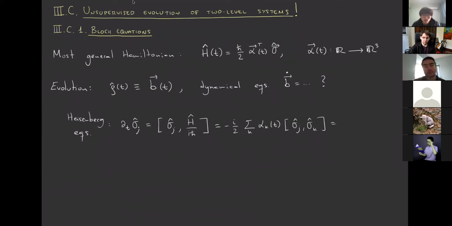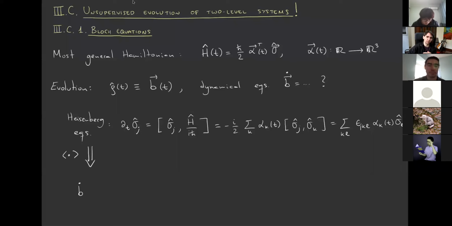But we know what is the commutator between sigma j and sigma k. And if you use it, you will just get this very nice expression. So you have the totally antisymmetric symbol, and then you have alpha k of t and sigma l. So these are the Heisenberg equations of the Pauli operators.